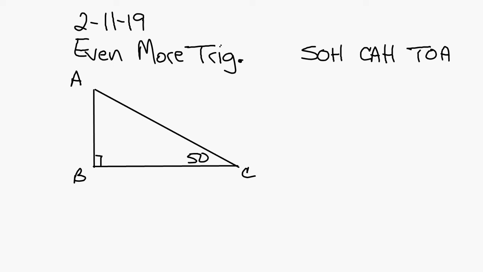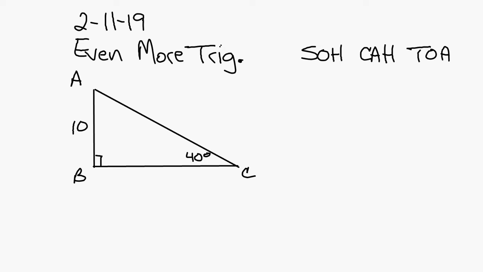Let's make it 40. So it's not a special right triangle, is it? No. All right. And let's say you're given one of the sides. Side AB is 10. You're going to be solving the triangles.